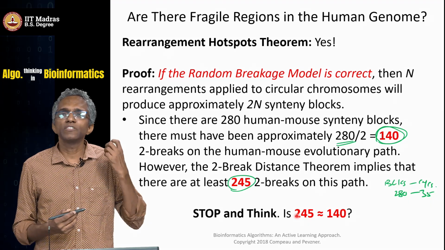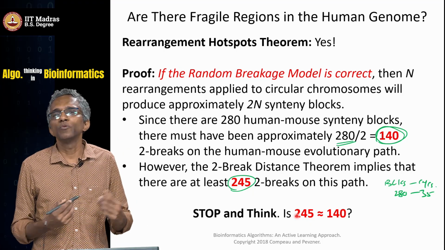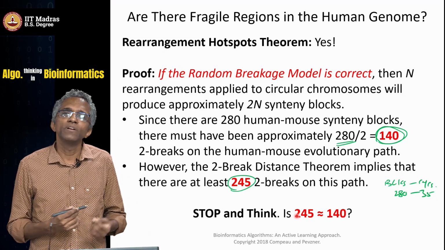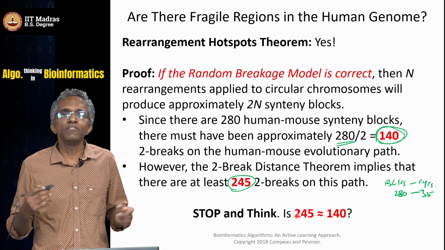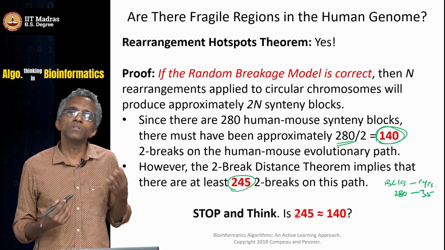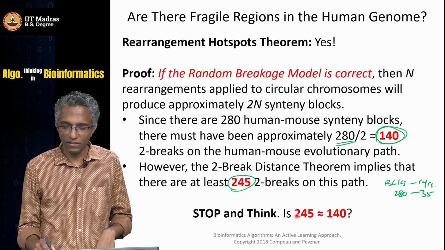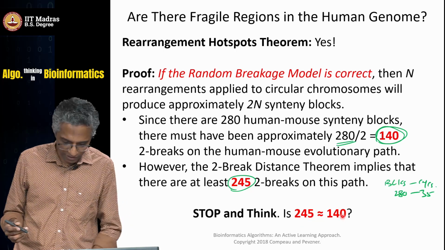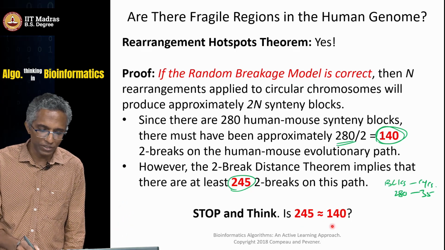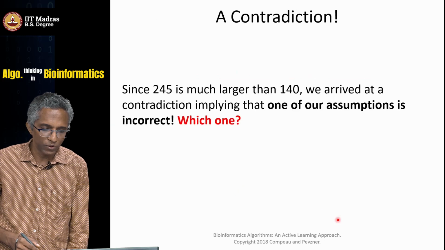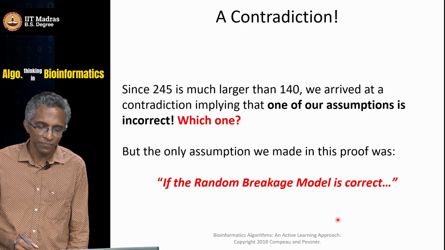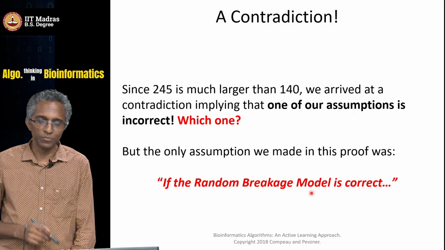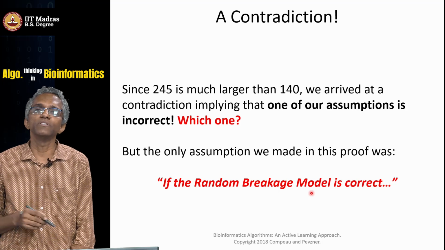It is the smallest number of 2-break operations you need in any evolutionary scenario to transform the mouse genome into the human genome. That essentially means that the random breakage model does not support this lower bound, so we cannot say that the random breakage model is correct, and that assumption is wrong.